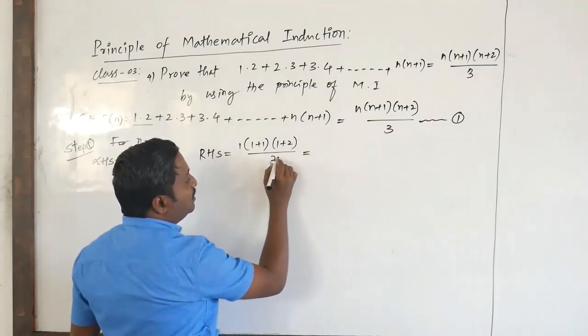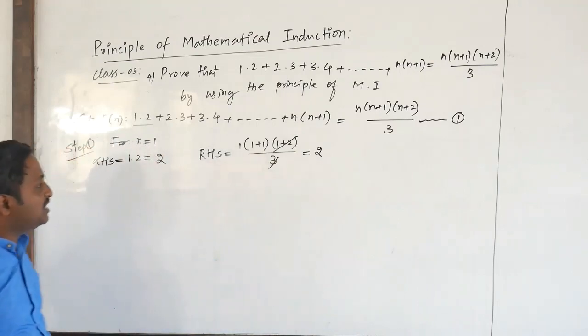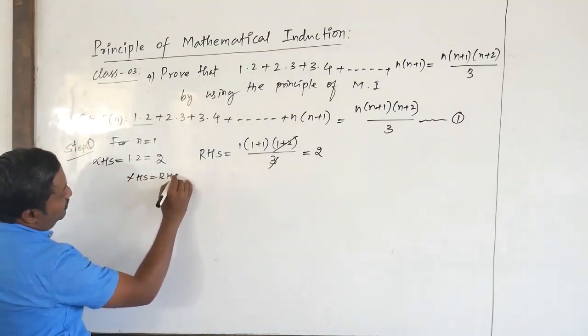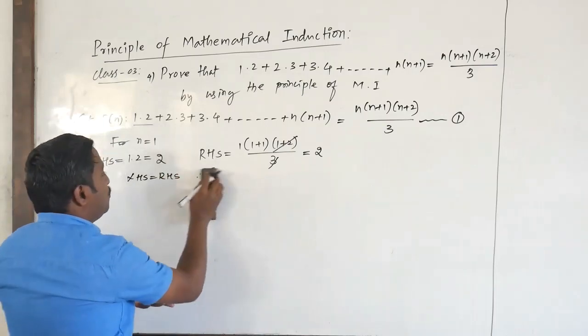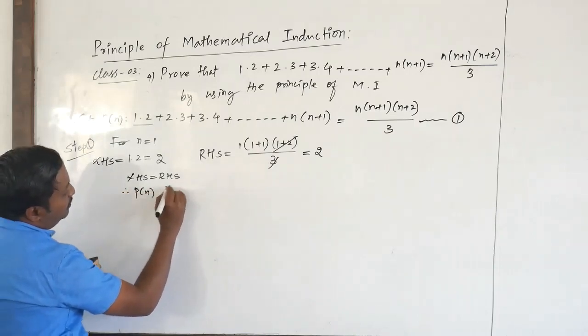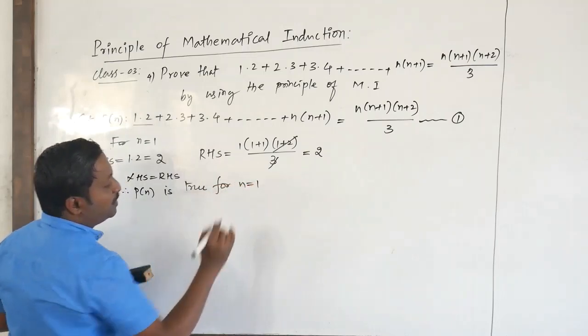The 3 gets cancelled, and 1 plus 1 becomes 2. So both are the same, and LHS is equal to RHS. Therefore, P of n is true for n equal to 1.